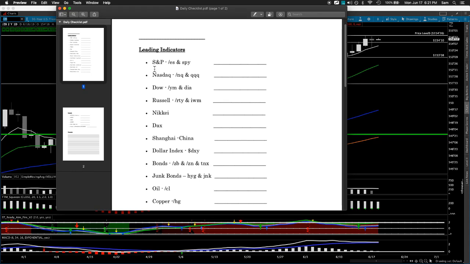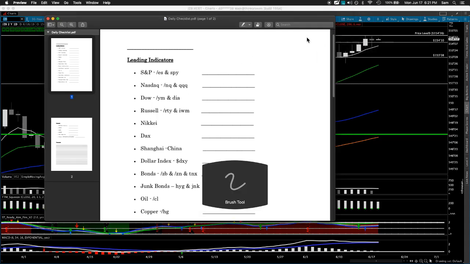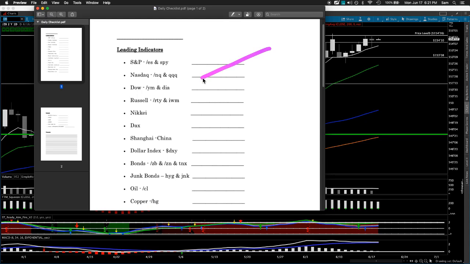So if the S&P is down 50 handles tomorrow, if the Dow's down 500 points tomorrow, what are the odds that Roku's going to be higher? Pretty low, right? So focusing here first, making sure that these guys are ready to go, and then going on to your stock makes more sense.